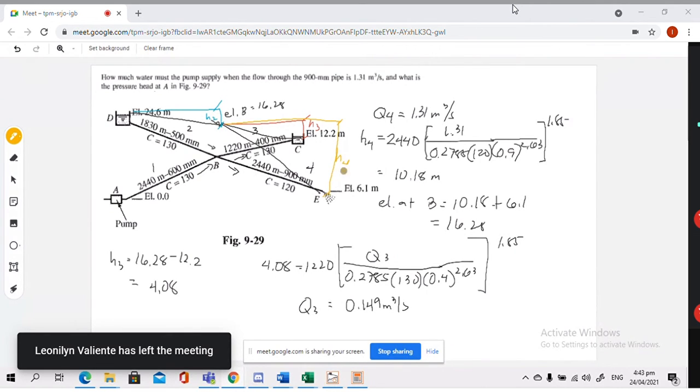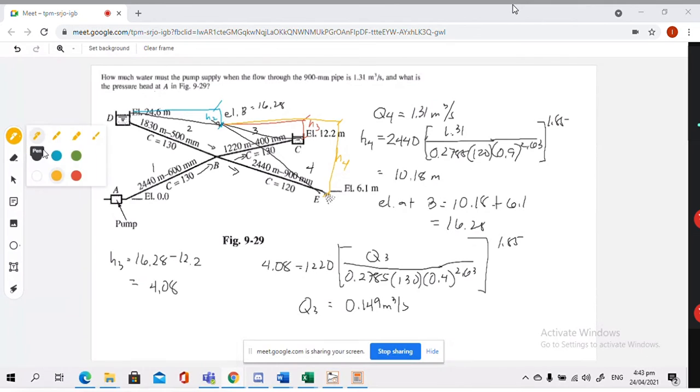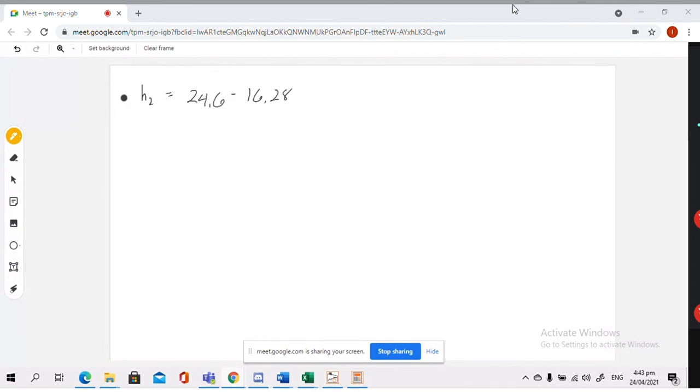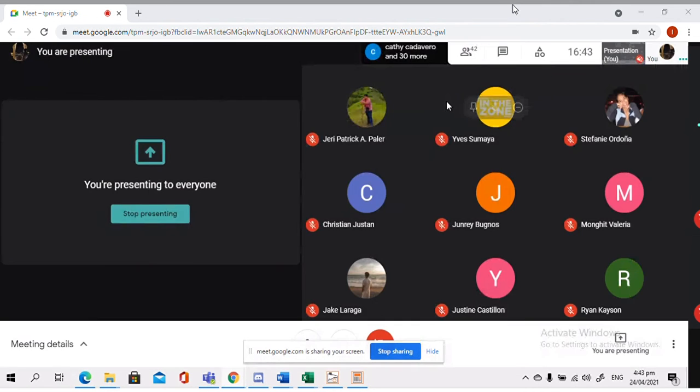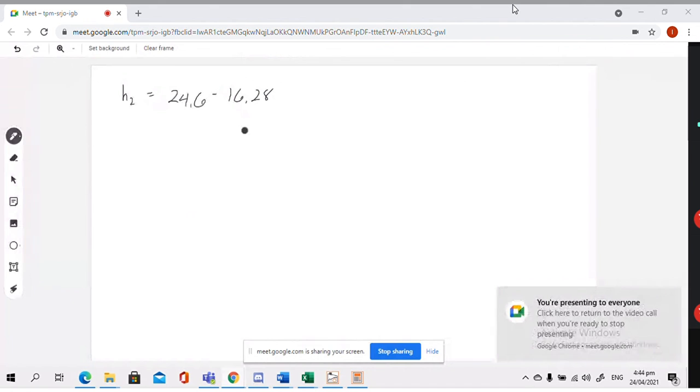Head loss 4. Okay. So 24.6 minus 16.28. So that is 8.32 meters.